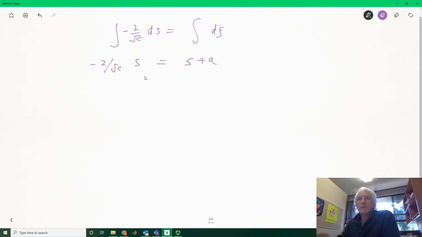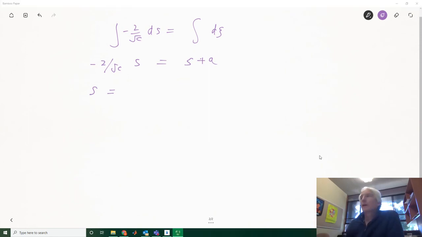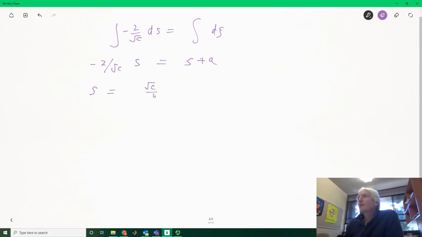And then we've got to rearrange and work out what s is equal to. So we'll just write it down here. s is equal to the square root of c over 2 with a minus, zeta plus a. And finally we go back to our original substitution, which is f is a half c sec squared of s.